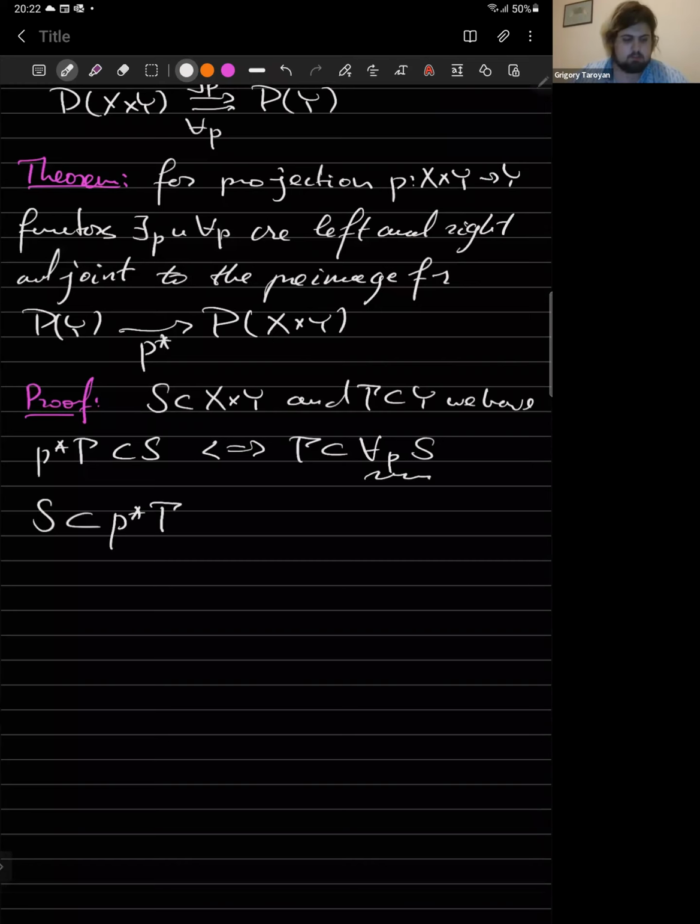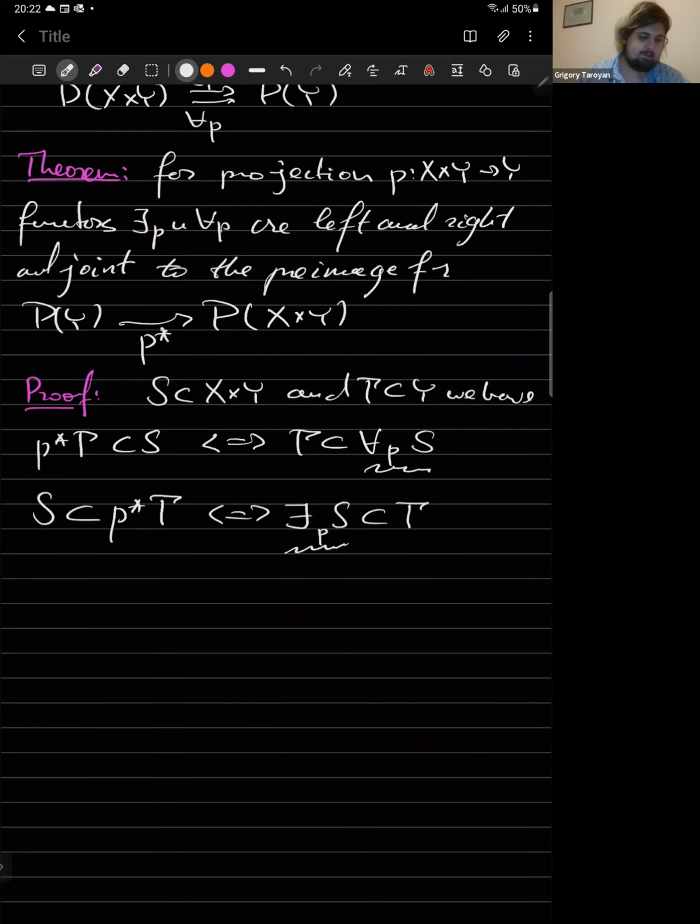And also we have that S is a subset in the pre-image if this projection is a subset in T. So this thing here is just a projection under P of S. So this equivalence is also very clear.